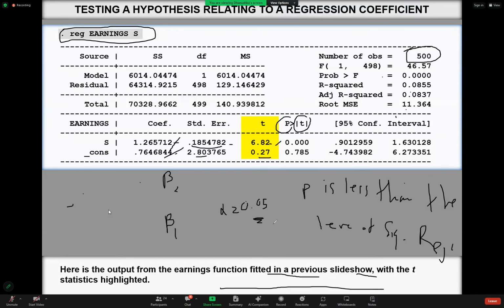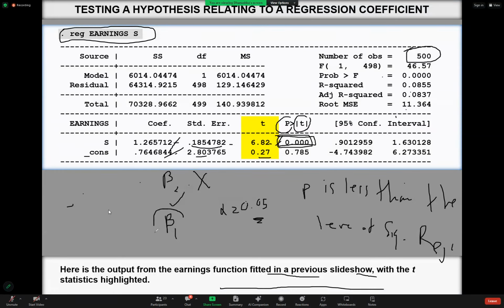If these values are less than 5%, 0.05, then you reject the null. Now in this example, you can see p value is 0.00. It is less than the level of significance. That means we reject the null. That means we accept that beta 2 is significantly different from 0.